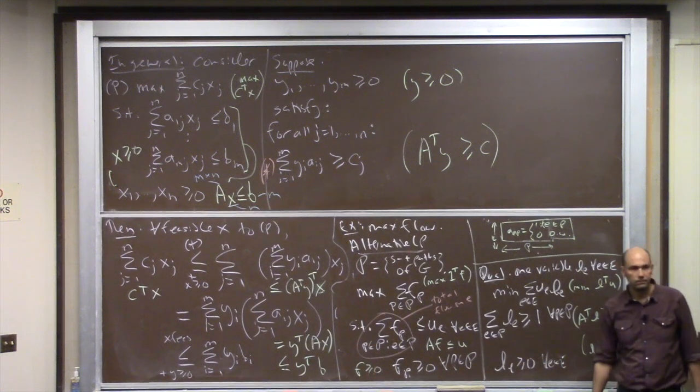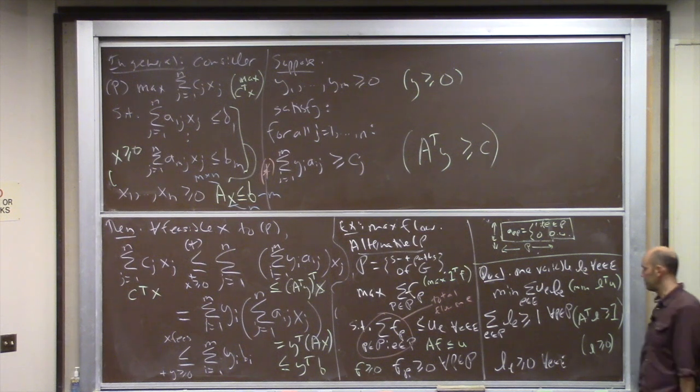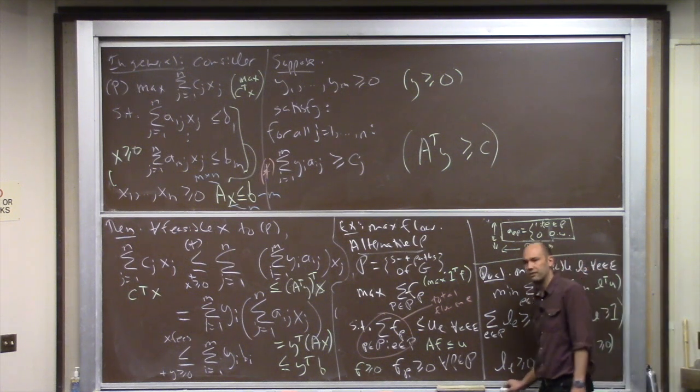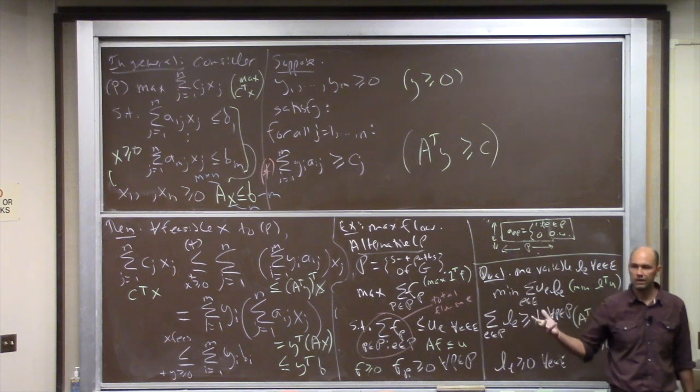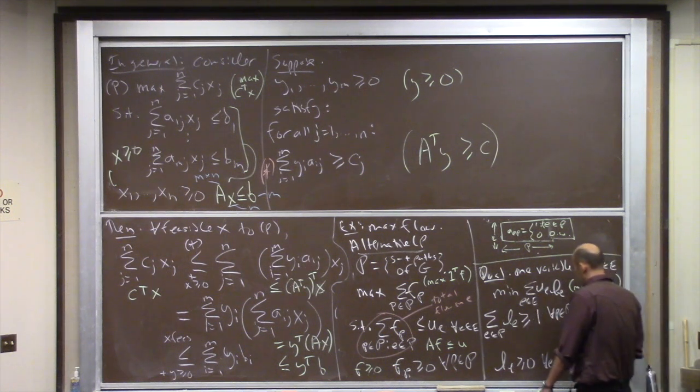So that is the dual of this max flow linear program. Any questions about that? It's not supposed to have meaning for you yet. I'm going to give you that next. But are you okay with just the syntactic transformation? Do you agree this conforms to what I told you before?